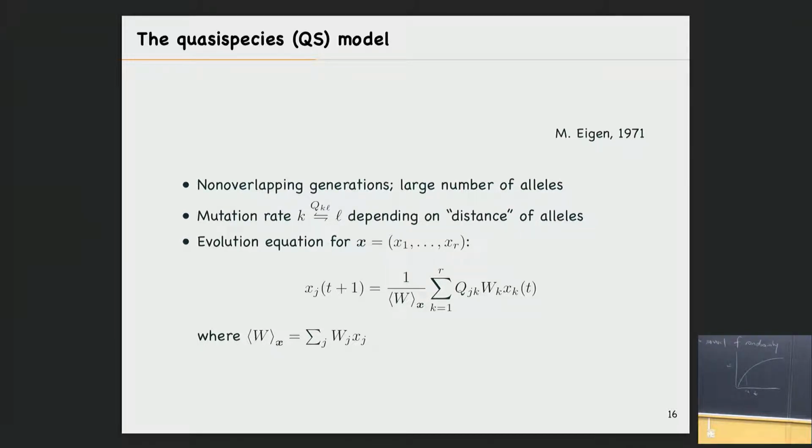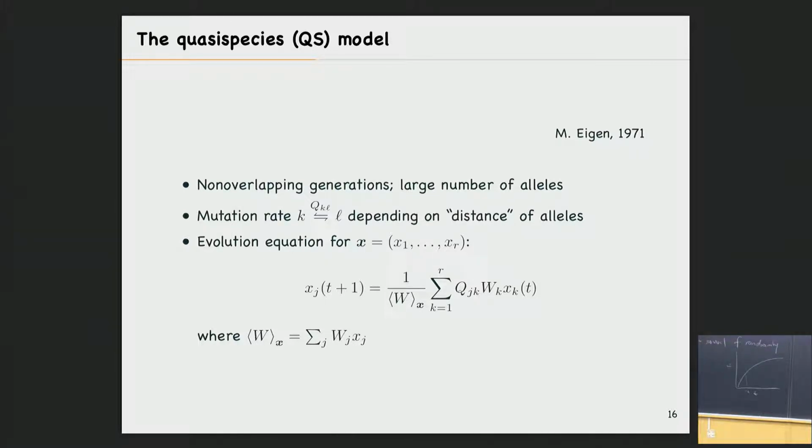And the population is very large; we neglect fluctuations. So you can write down pretty easily the evolution equation. I write down the result, and then I explain in a moment. This is for non-overlapping generations: your frequency of a sequence J at time t plus 1. Here you have the frequencies of sequence K at time t.